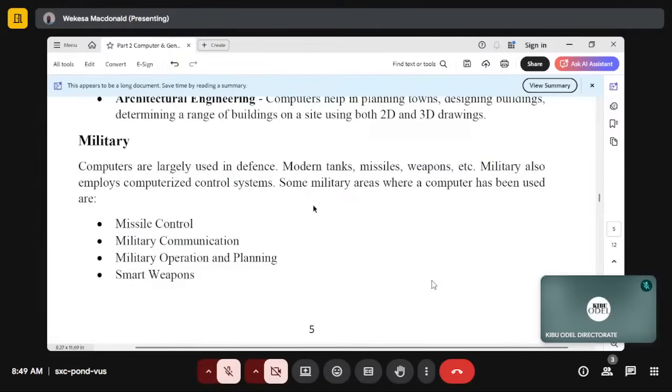Elon Musk ametuma rocket kwa space, that's being controlled by a computer. We have the CCTVs, the monitoring, the satellites that can monitor a place, okay? So computers are used to control the military communications, smart weapons, okay?